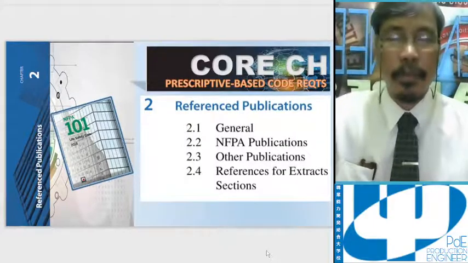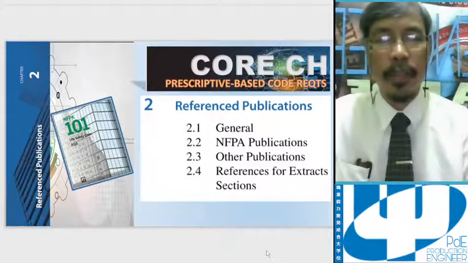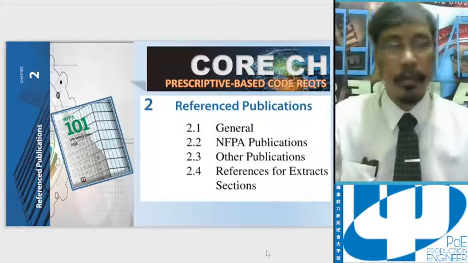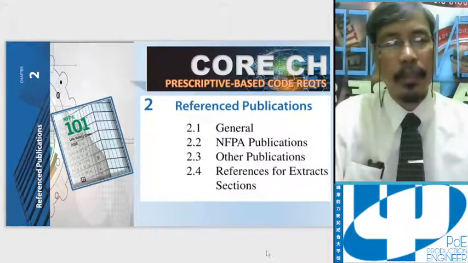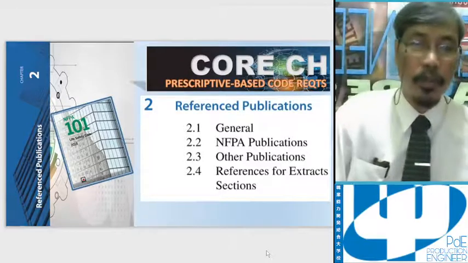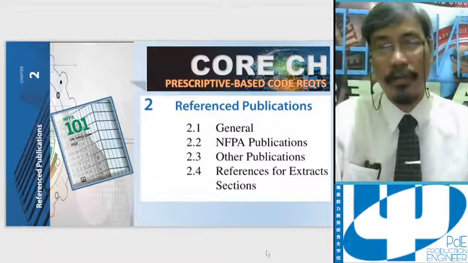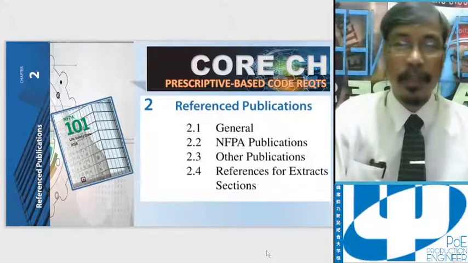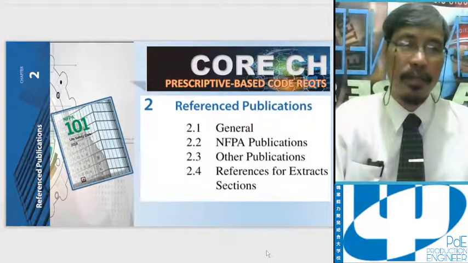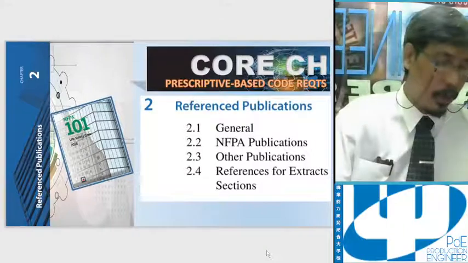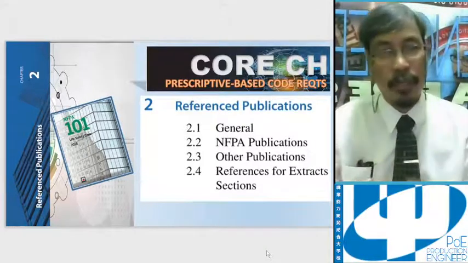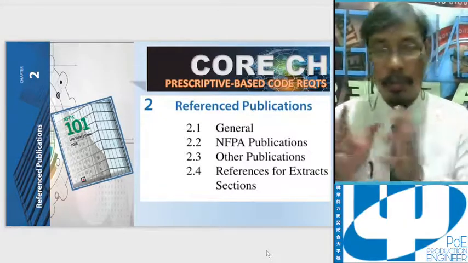Reference publication. Those publications that are directly referenced by this current code. So the sections are 2.1 General, 2.2 NFPA publication, 2.3 Other publication. Okay? 2.4 References for extracts sections. Okay? So publication meaning the whole one. Extract meaning sections. Specific section.